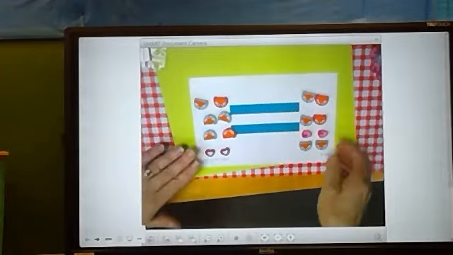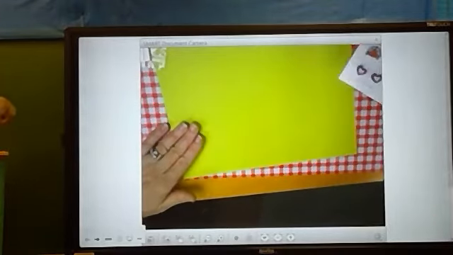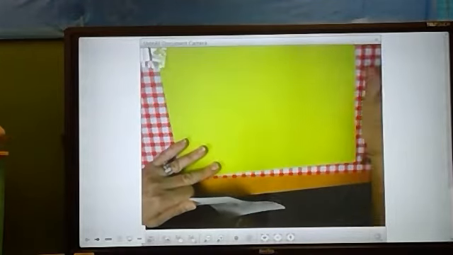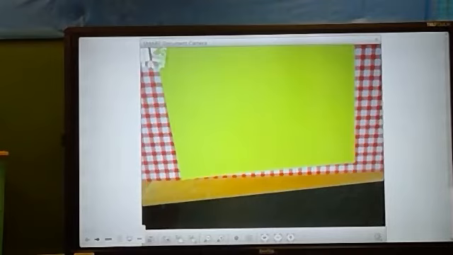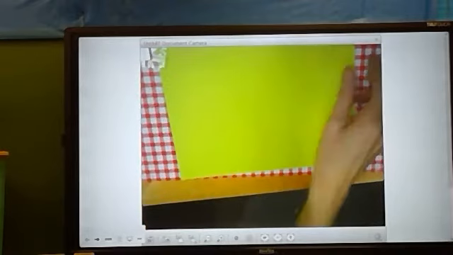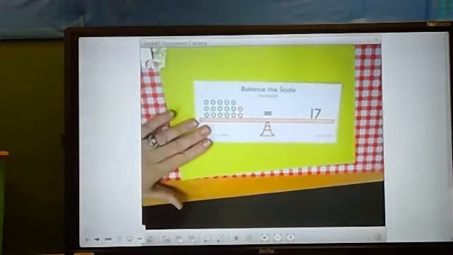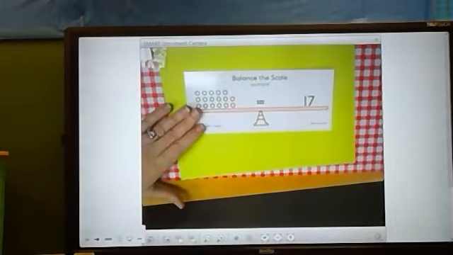Okay, so now let's go ahead and put our manipulatives and our equal sign away. And we're going to balance the scale. We're going to practice balancing the scale together. Okay, and here's one example of how we can do that.